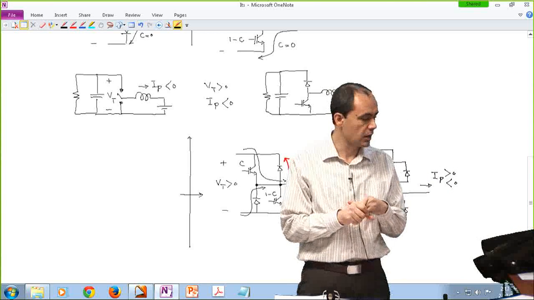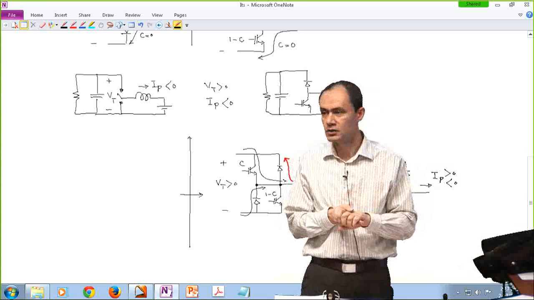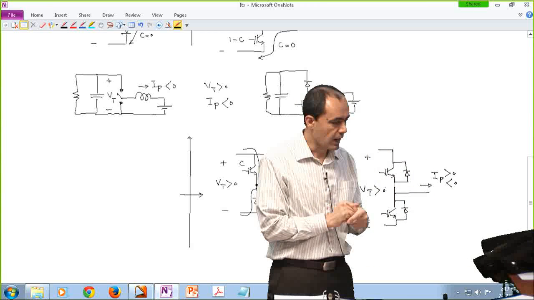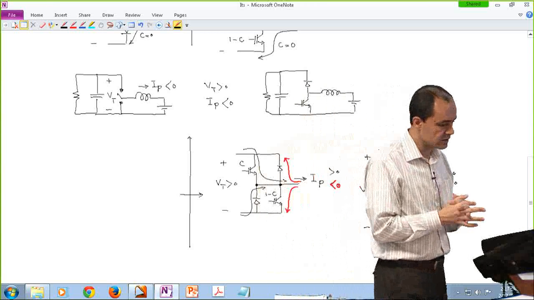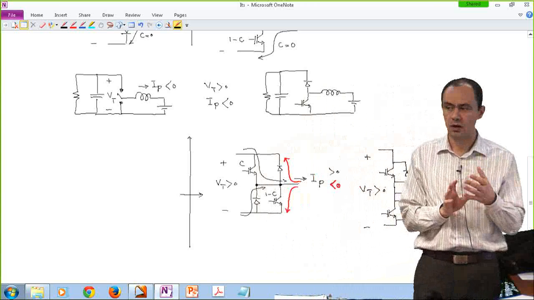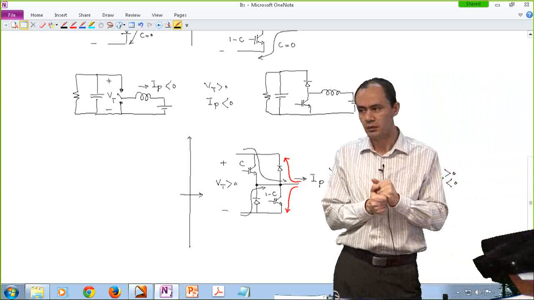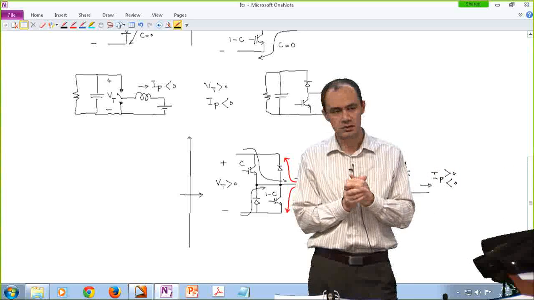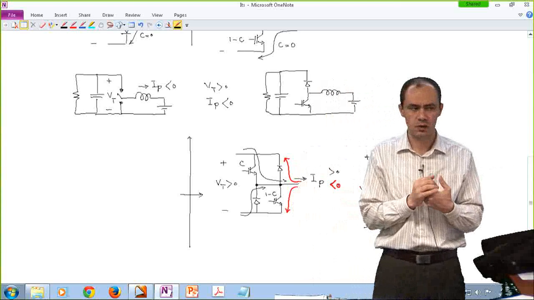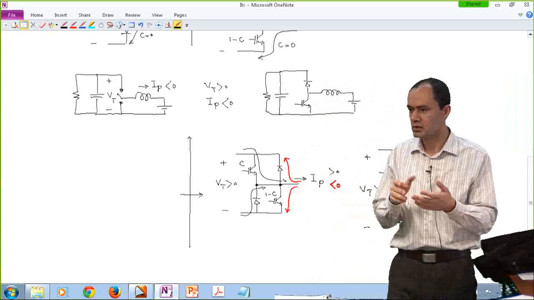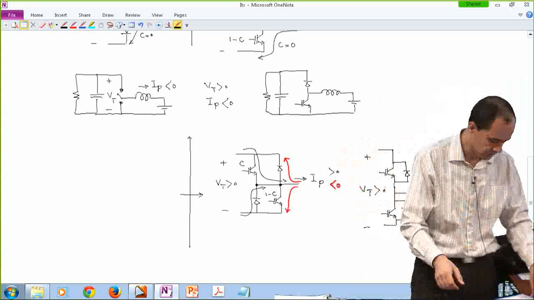So sometimes when you buy a pack, you can actually buy all of these 4 devices together. And now you can see that a lot of times we have a MOSFET and there is this body diode of the MOSFET in parallel with that. It's not necessarily a bad thing, because in a lot of applications, when your current is bidirectional, you can actually use that diode if you choose to use it.